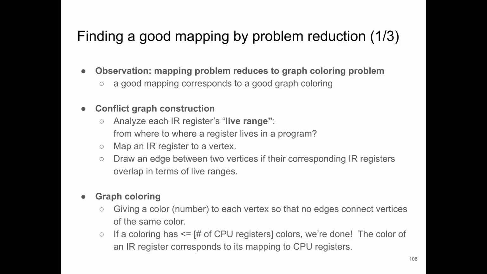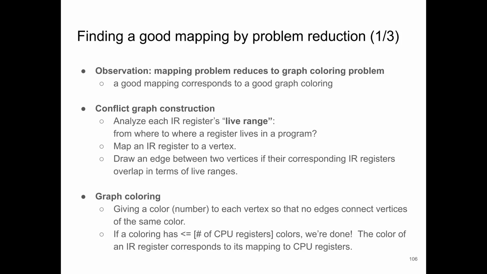The range from the definition point to all the use points is called the live range of an IR register. The live range means that this register's value is meaningful during this range. From the definition point to the use points, the value should somehow be stored somewhere because it will be used for some time in the future.